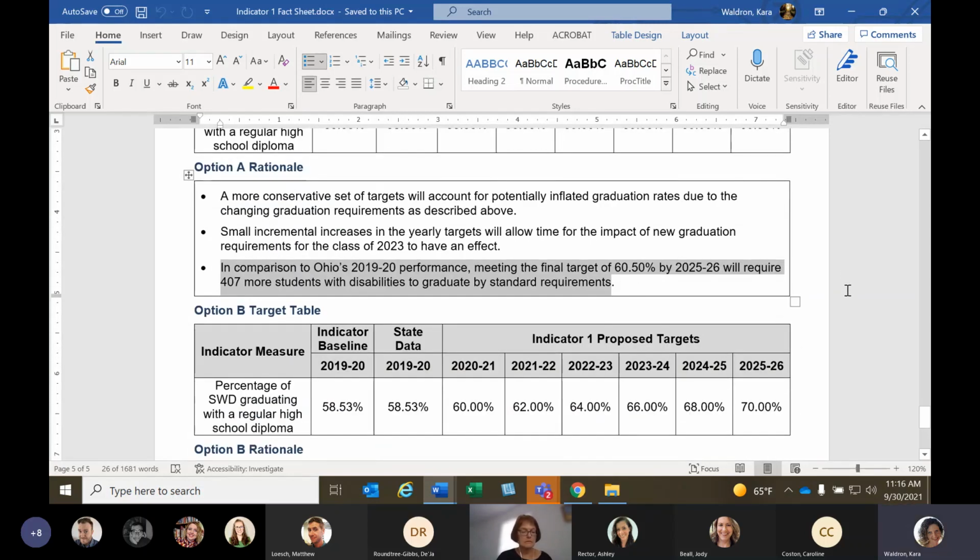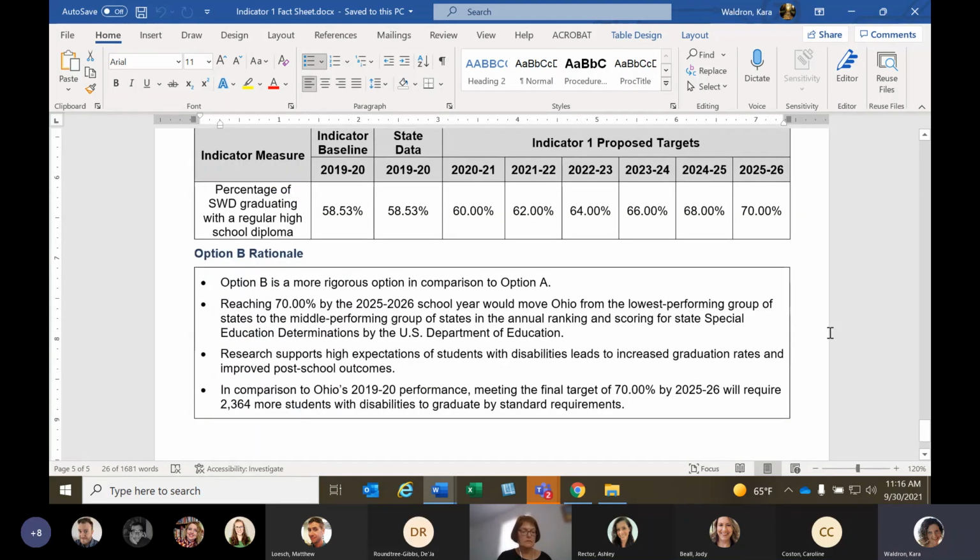Okay, and with that in our minds, let's go to option B for comparison. Much like we saw with indicator 3, option B would start showing growth right away this school year, and you can see much larger increments of growth. Getting us up to 60% starting this school year, then 62, 64, 66, and so on, up to a 70% graduation rate in the final year.